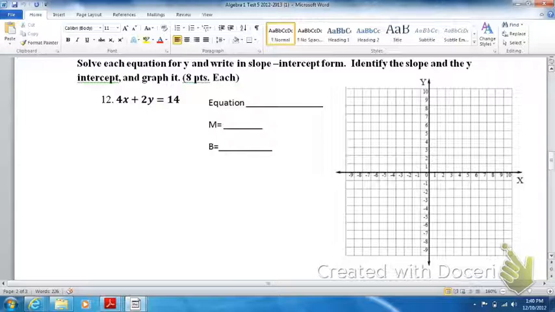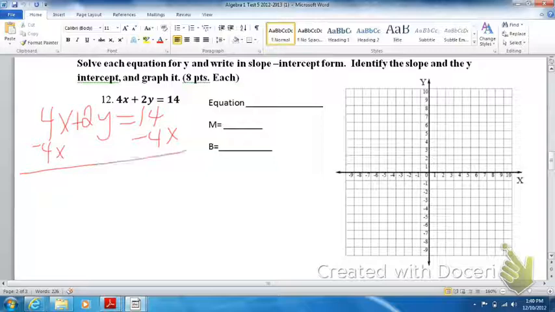Okay, here we go. 4x plus 2y equals 14. You gotta solve for y, so subtract 4x. That goes away. A lot of you want to put 14 minus 4, but you can't. One's a number, one's a letter. You can't. That's 2y equals. Bring down the 4. It's a -4x. What type of 14 is that? It's positive.